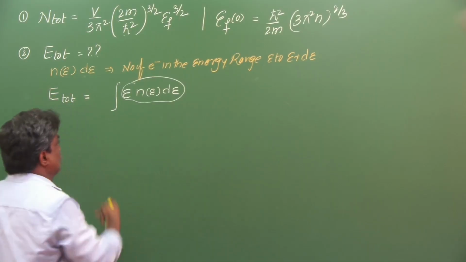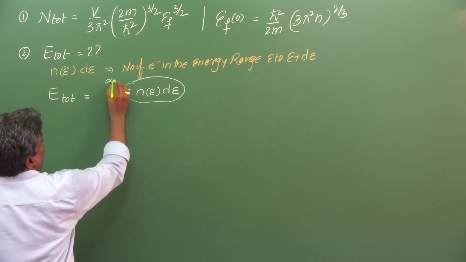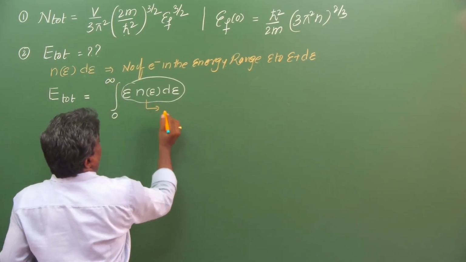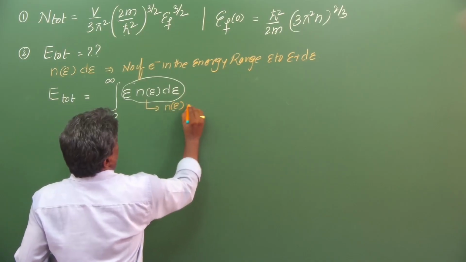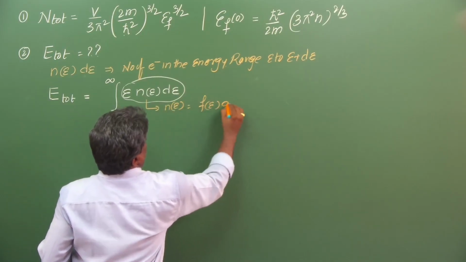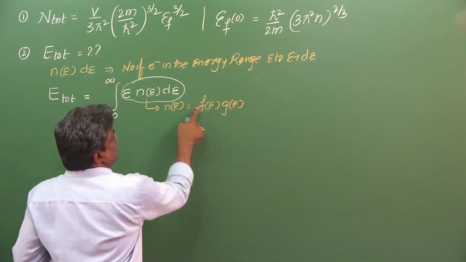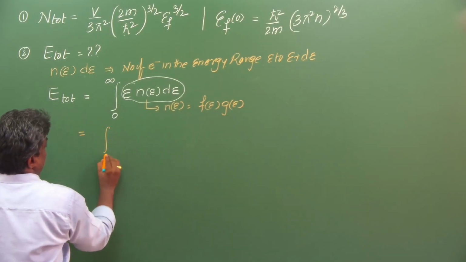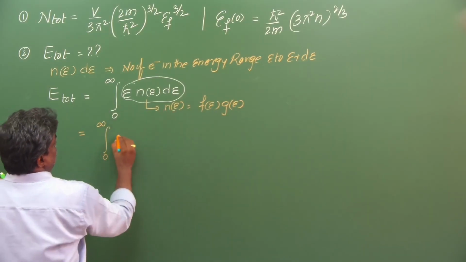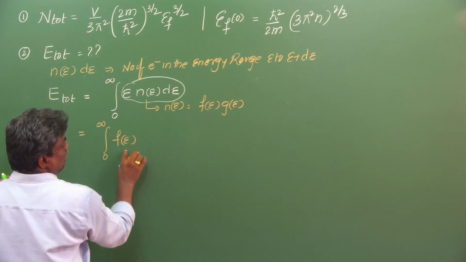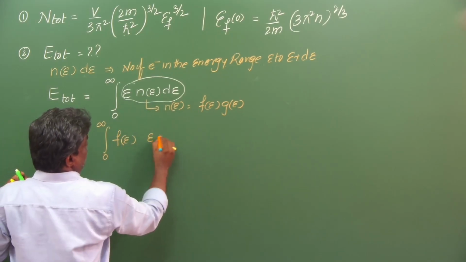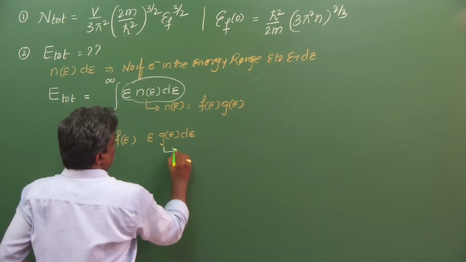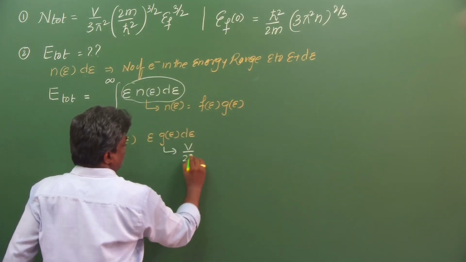I want total from where to where? Now you already defined, could you please tell me what is N of E? N of E equal to, because F of E equal to N of E by G of E. Now this is 0 to infinity, F of E times E times G of E dE.